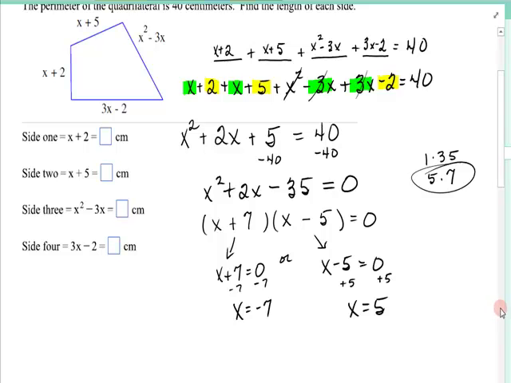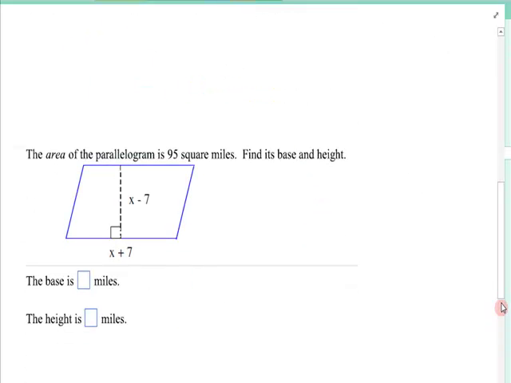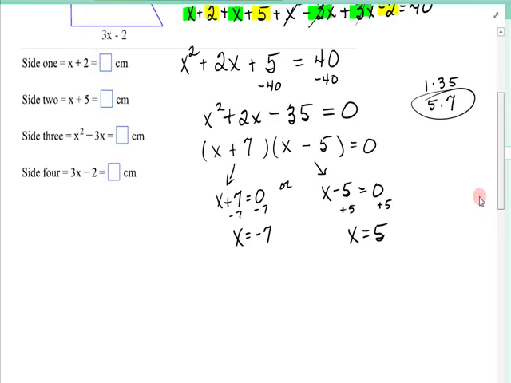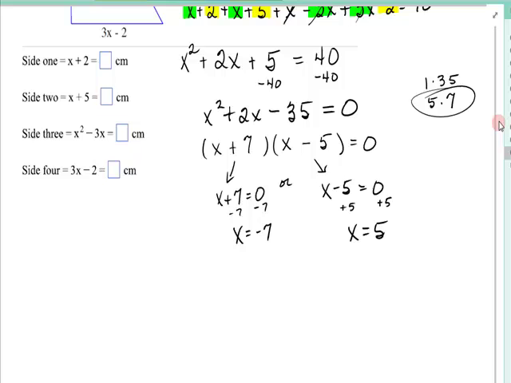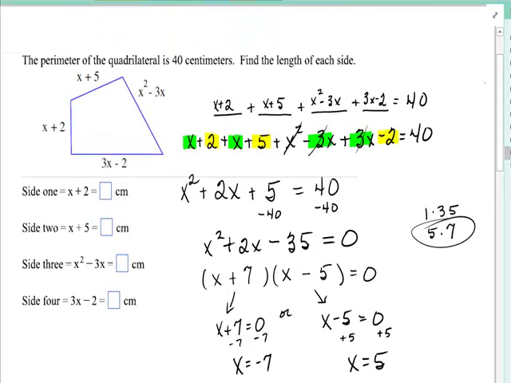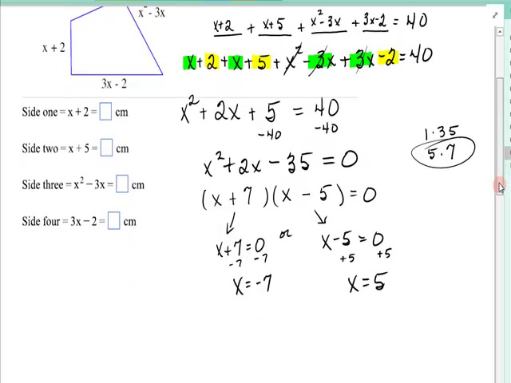Now I've not finished this problem. The instructions said, my goodness, sorry, find the length of each side. Well, I have two different possibilities for x. So let's give ourselves a little bit more room. The first one that I have to figure out is what would the length of x plus 2 be based on the x's that I have.